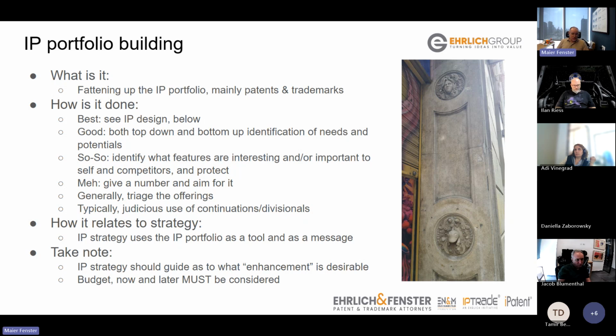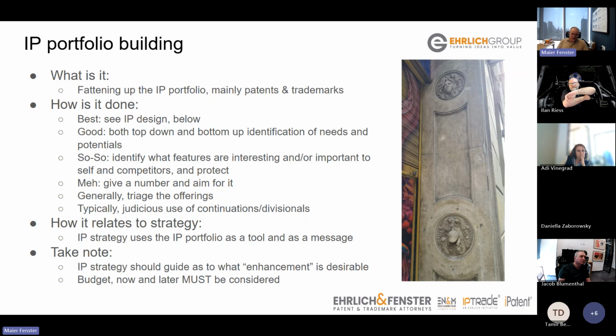It's so-so if you identify what features appear to be interesting or important to you or to your competitors, and that's what you file patents on. And, you know, meh is we need 53 patents, draft 53 patents for me.